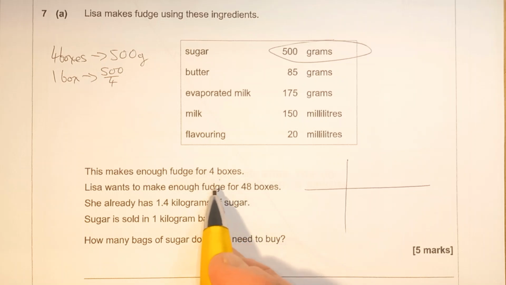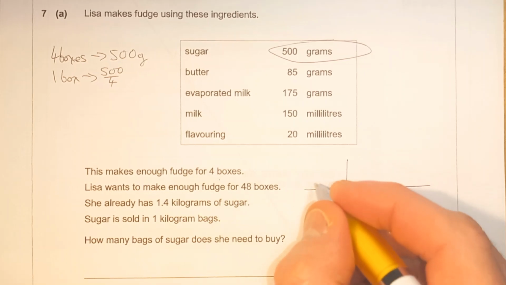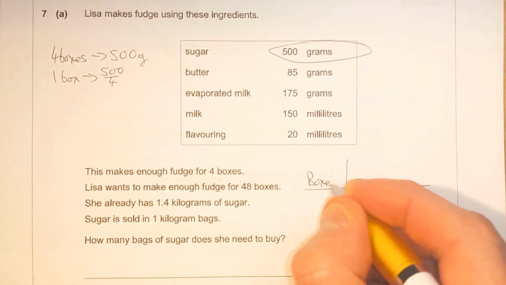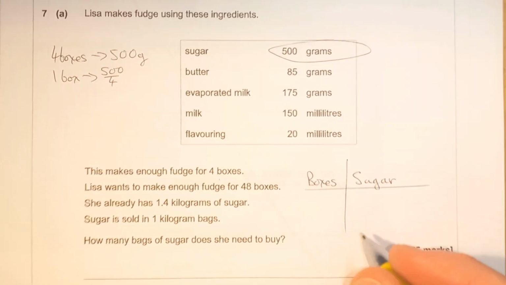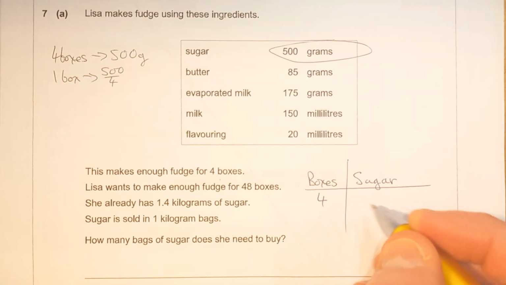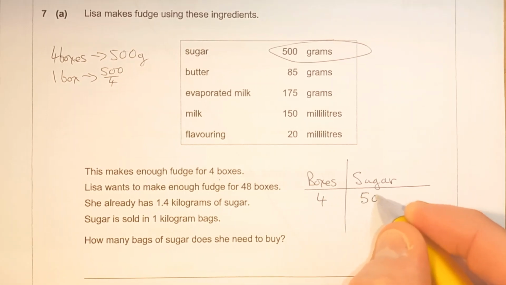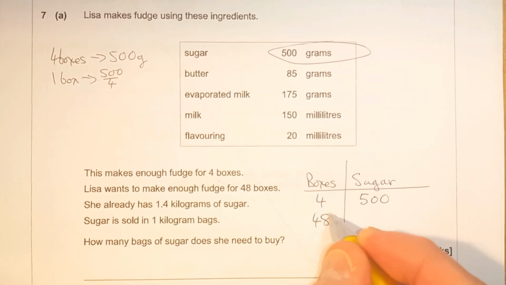And I'm going to think about it as ratios. So we've got boxes and we've got sugar. Okay, and we're saying for 4 boxes, we need 500 grams of sugar. We want 48 boxes.